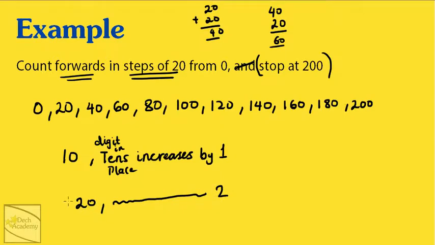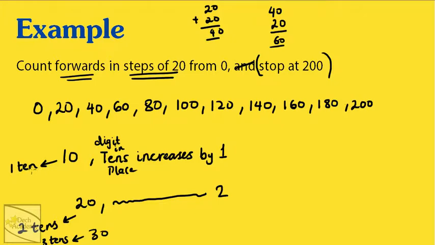Why? Because 20 is 2 tens. 10 is 1 ten. So if you're counting in steps of 30, the digits in the tens place are going to increase by 3, because 30 is 3 tens.